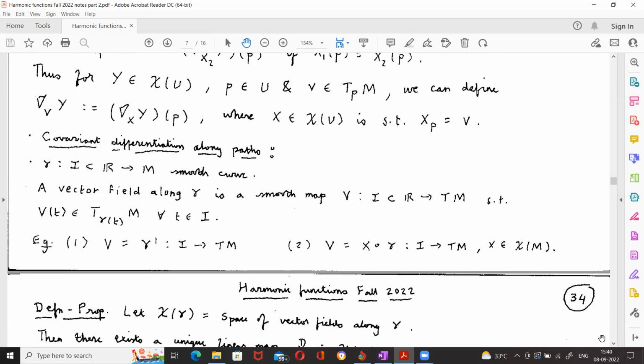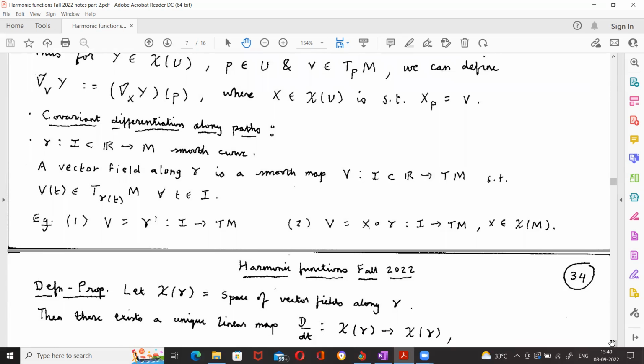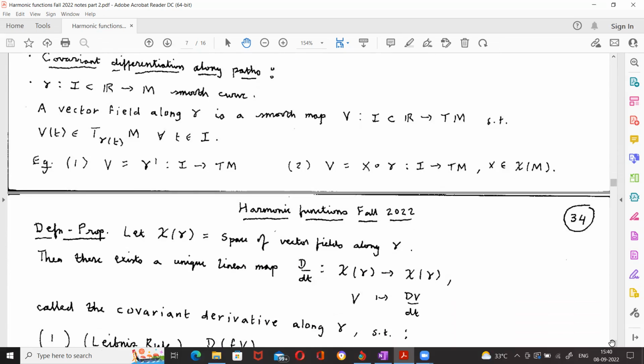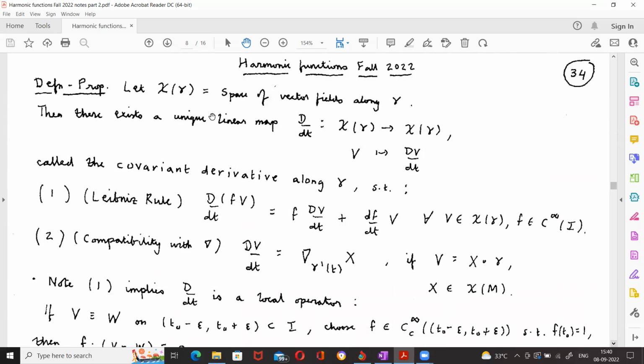Yes. Okay. Now we have the following definition, proposition. Let chi of gamma be the space of vector fields along gamma.